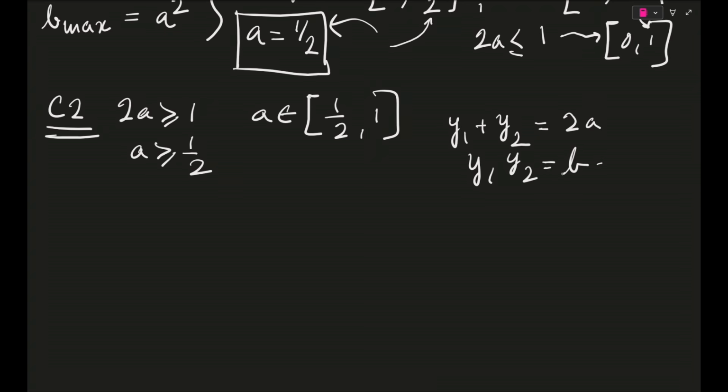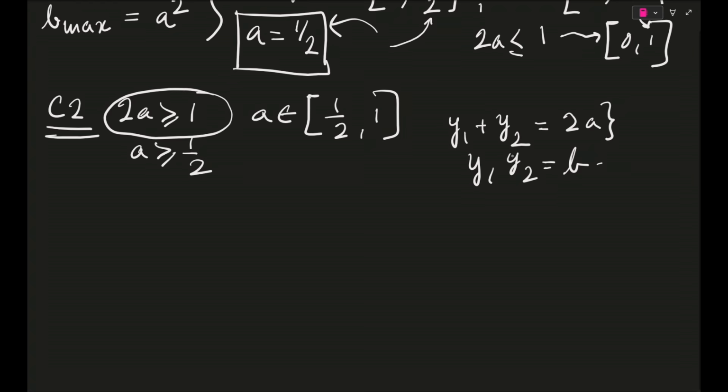First thing, guys, if you notice, this sum y1 plus y2 equal to 2a is definitely greater than or equal to 1, right? Observe my pen. If it is greater than or equal to 1, at least one of y1 and y2 has to hit 1 if we take the very boundary case.